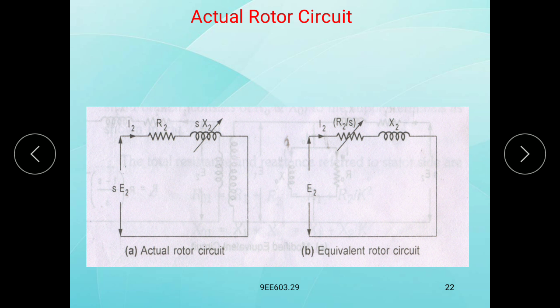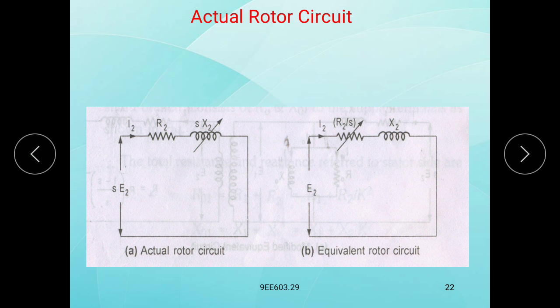This is the actual rotor side. At the rotor side circuit, the EMF is sE2, the current is I2, the resistance is R2, and the reactance is sX2.